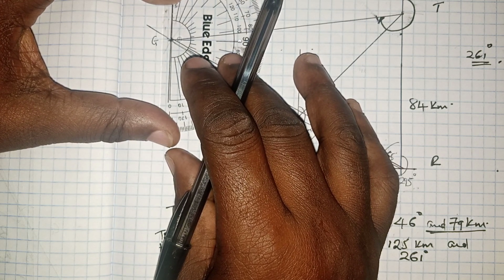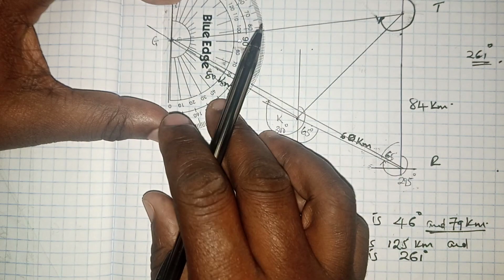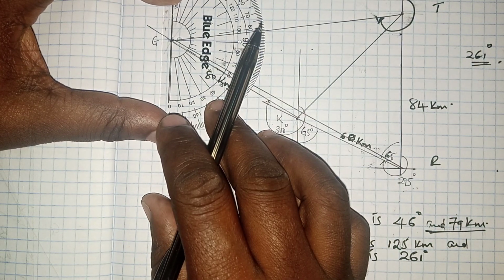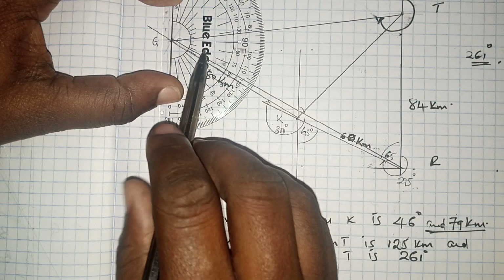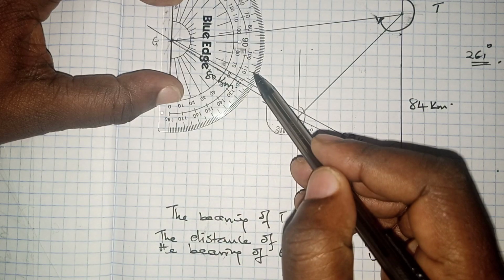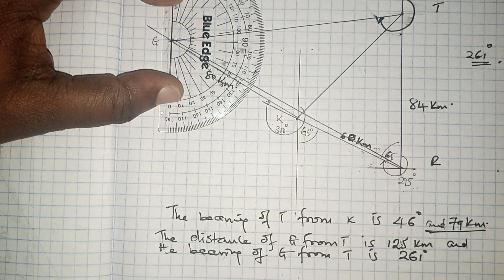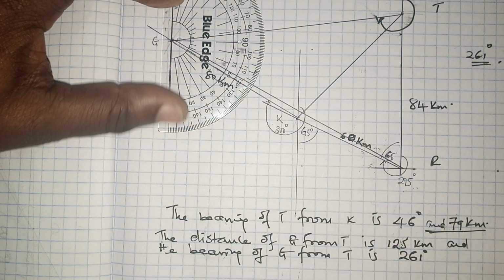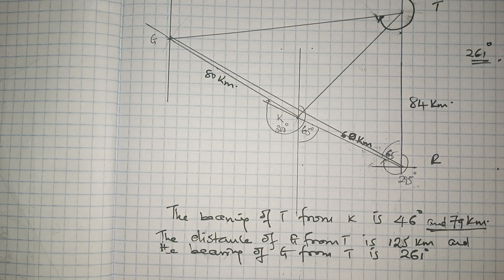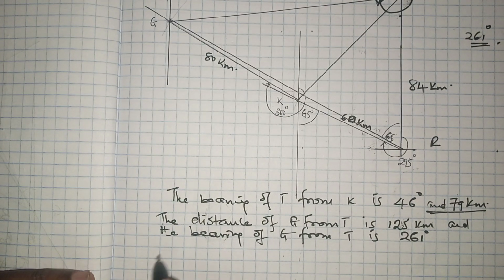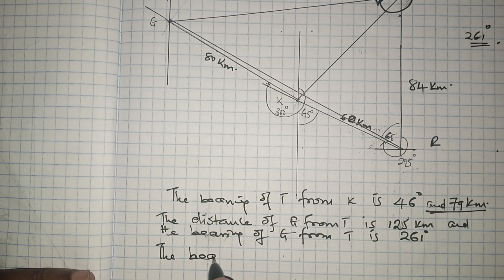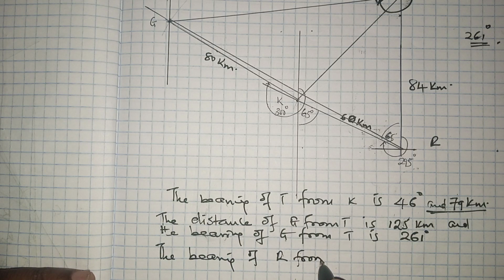Put the protractor at the center. Yes, there. And this angle is 110, 115, 116, 117 degrees. So we can easily say the bearing of R from G is 117 degrees.